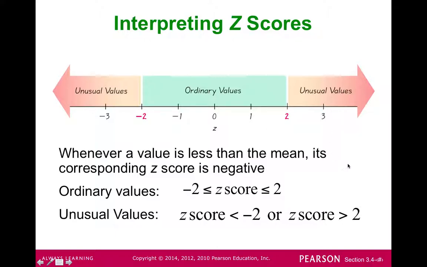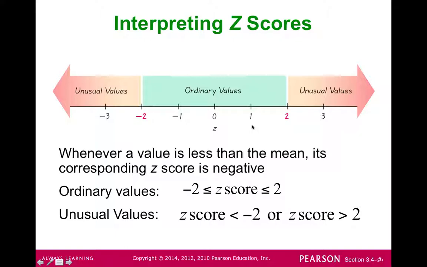A z-score can be negative or positive. That means whether the value is less than the mean, which is always set at 0 here, or whether it is positive, which means it'll be greater than your mean.